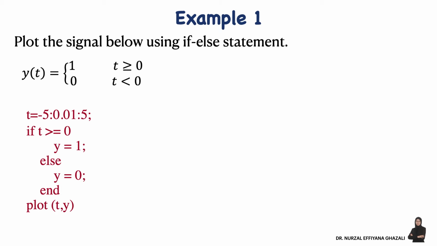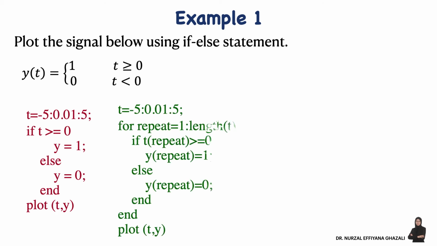Thus, what you can do is to add a for in this code, because for will do repetition. In this case, I take a length of t, which is between -5 to 5. The t value here is the x-axis in my plotting area.